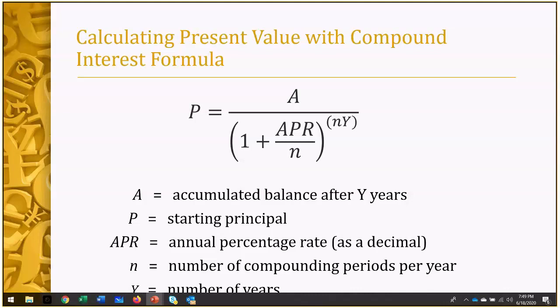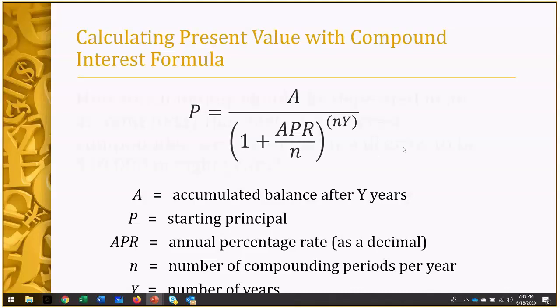If you see that, that's when you use this one. Everything about this one is the same, except that instead of multiplying by P, you're taking the A, which is the future value, and dividing it by all of this other stuff.